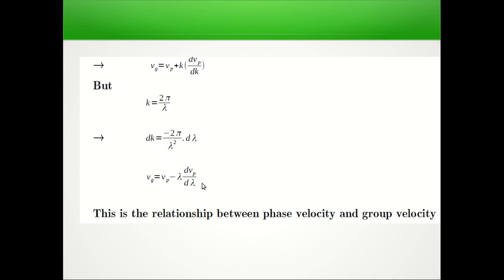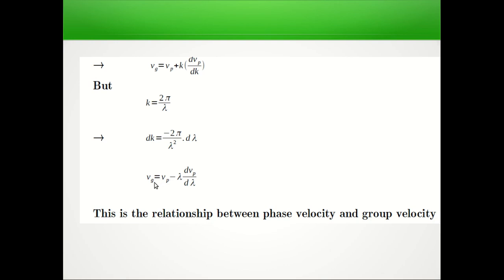Whereas in the case where this particular term is negative, that means speed increases when wavelength decreases. So if this term becomes negative, then group velocity becomes greater than the phase velocity, because the negative becomes positive.